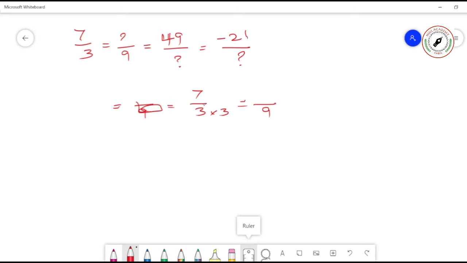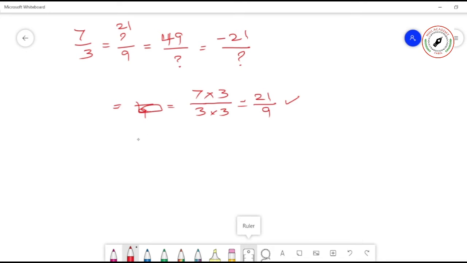So you are multiplying the denominator by 3. Similarly, you have to multiply the numerator also by 3. So 7 threes are 21. This is the equivalent. So this part is 21. Similarly, you calculate this one.